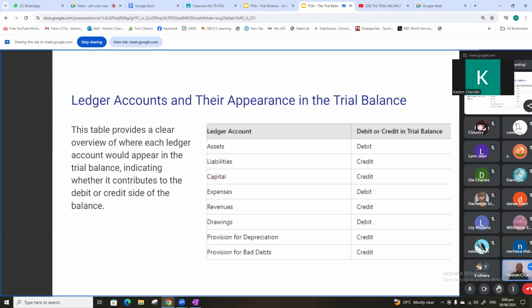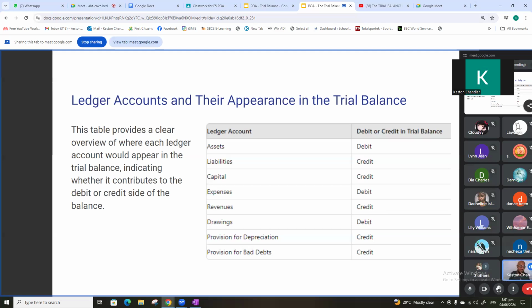As I mentioned earlier, assets usually tend to have a debit balance. Liabilities, be it current or long-term, have a credit balance. Capital is credit, expenses debit, revenues like the selling of the phone cards or receiving interest on some fixed deposit, that's a credit. Drawings is where you are taking capital out of the business, so that has a debit balance.